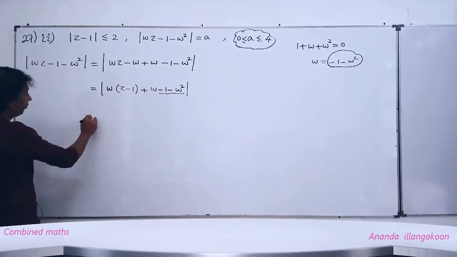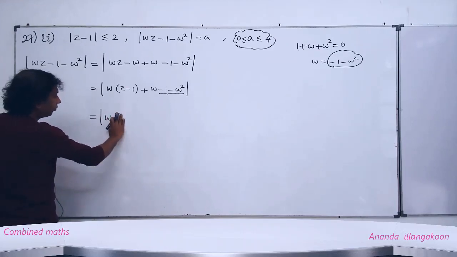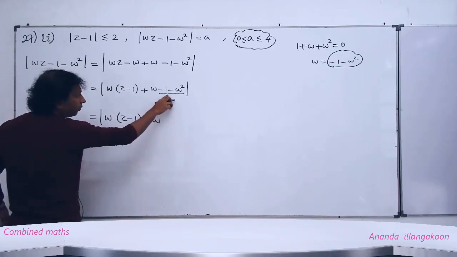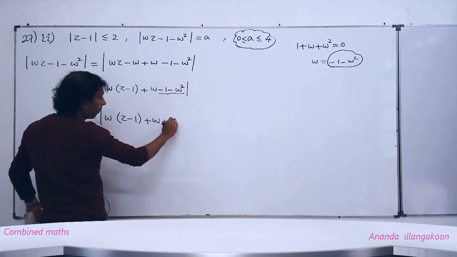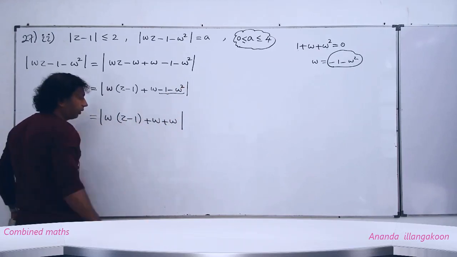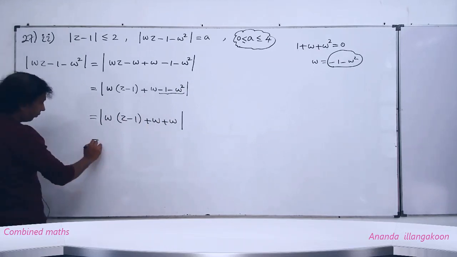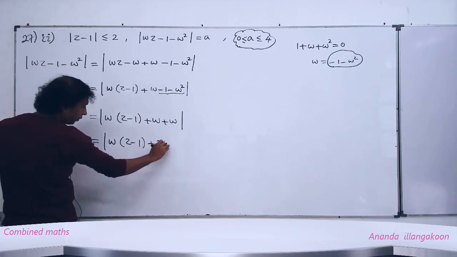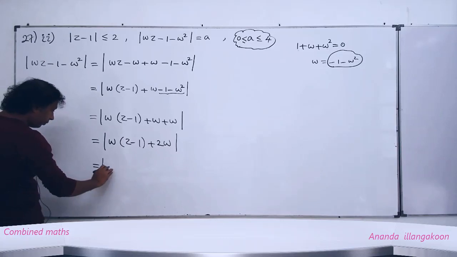Then we have modulus of z minus 1 plus omega plus omega, which is nothing but 2 omega, and you can now take omega out.